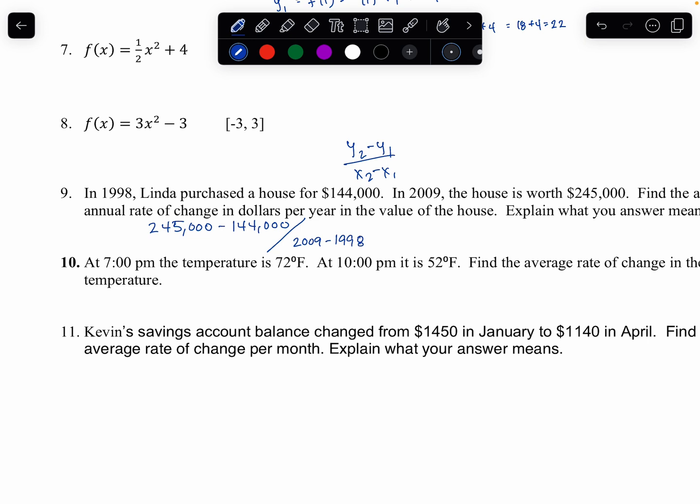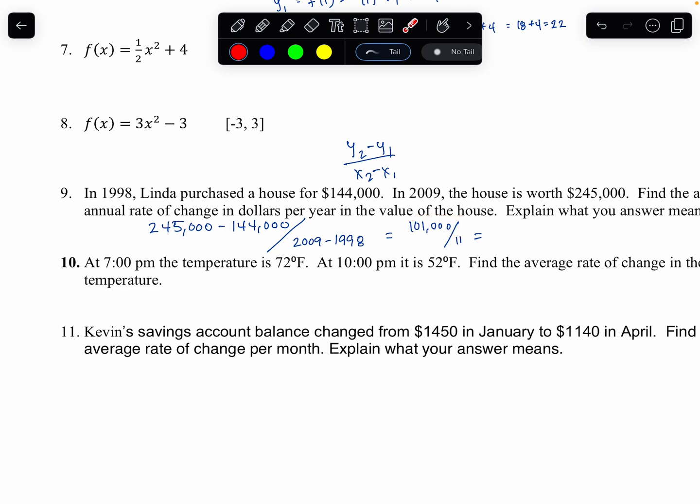That's just going to give us the number of years. So 245 minus 144, that's 101,000 over 11 years.